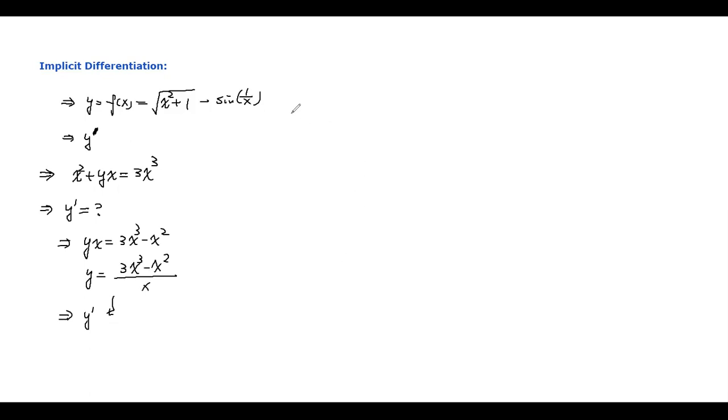How about if I have something like this? For example, I want to find xy squared plus y minus x squared equal to 3 here. If I want to do this, it will be pretty difficult to solve for y.